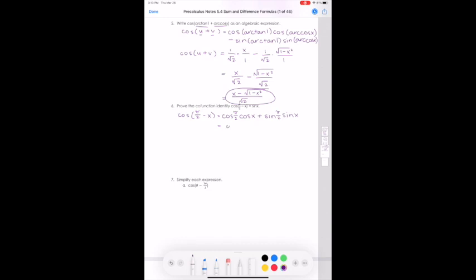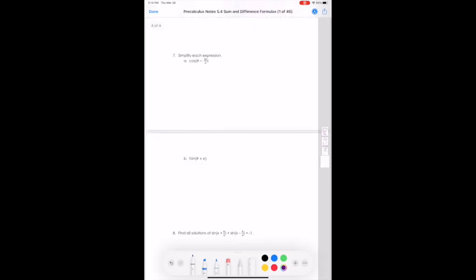So we have 0 times cosine x plus the sine of pi over 2 is 1 times sine x. So I end up with 0 plus sine x, which is just sine x. So I did end up getting the other side of the identity.